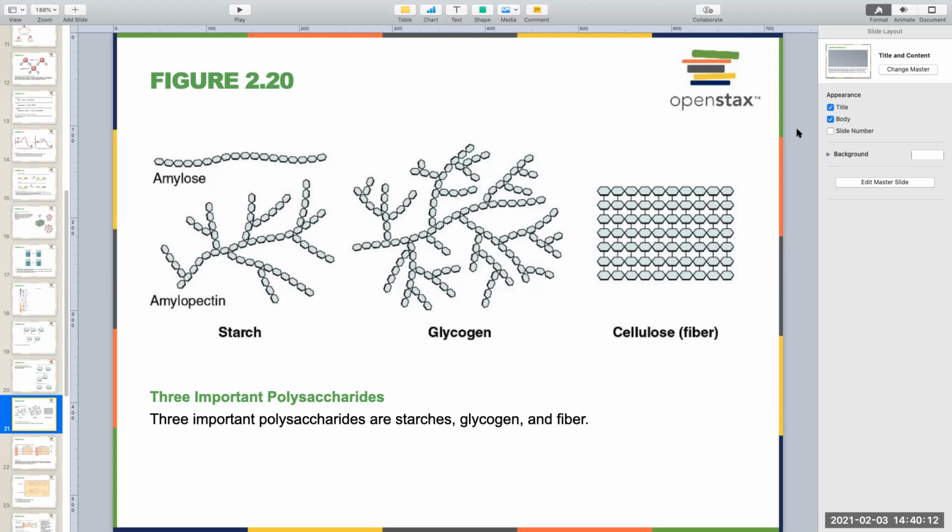So cellulose is really important to us because that is how we get our roughage. Roughage is important for us because that's like things like salad and spinach and broccoli, all of those fibers, we aren't able to break them down, but what they do is that they give our digestive tract a nice sweep.